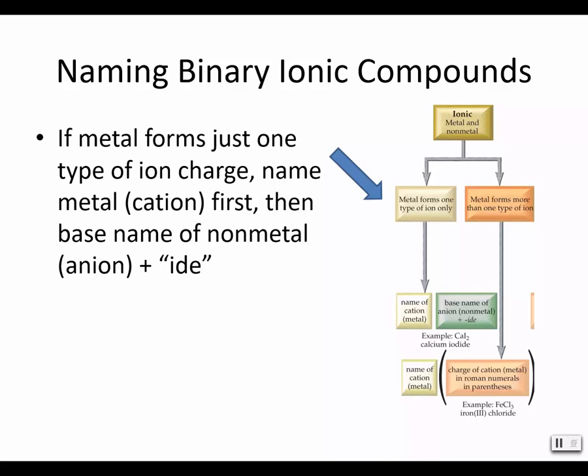Then you name the anion or the nonmetal by using the stem of its first name, dropping the INE and adding IDE. So NaCl would be sodium chloride. CaI2 would be calcium iodide. So that's how you name ionic compounds that form just one type of ion.